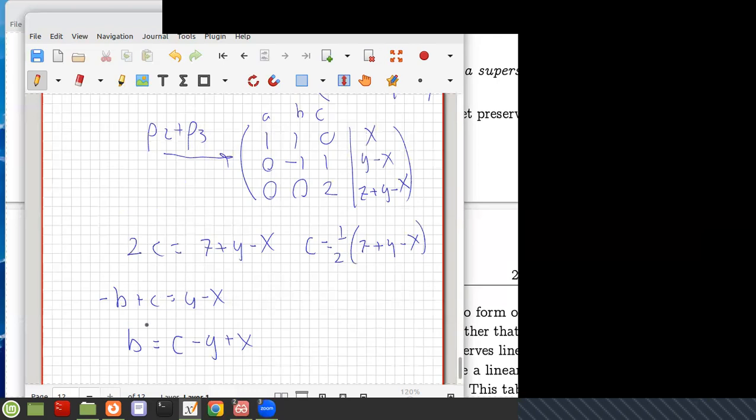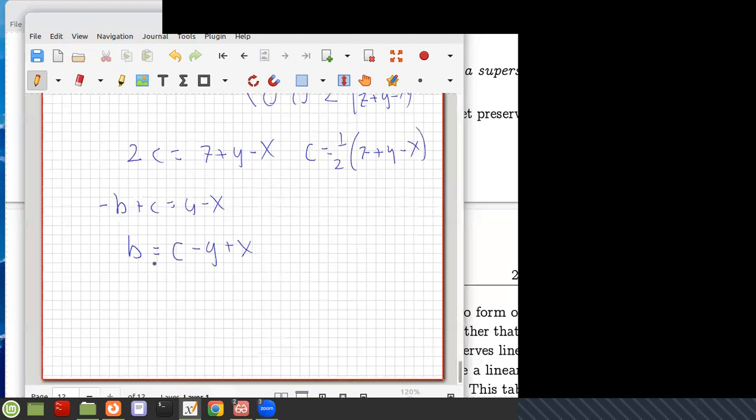anyway, maybe it's better to multiply this by minus 1. There's the minus y minus x, and then bring the c over there. Okay, because then I have to put the c in here, so this is going to equal 1/2 z plus y minus x minus y plus x, which equals, well, let's look, there's going to be a minus 1/2 x and an x.